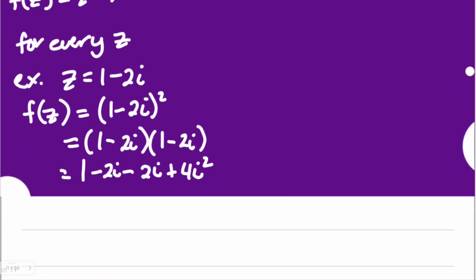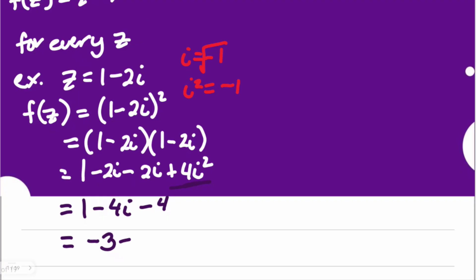Take note that i is equal to the square root of negative 1, so i squared is actually negative 1. So what happens here is that you will have minus 4, because that's 4 times negative 1, which will give you a result of negative 3 minus 4i.